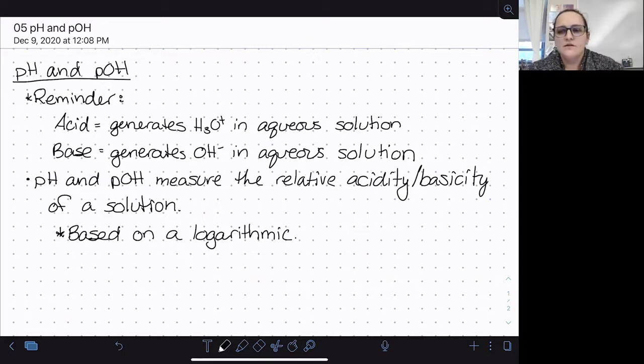So that means that if your pH changes by 1 pH unit, that means that your hydronium concentration has changed by a factor of 10. So what seems like a relatively small change in pH can actually be a pretty substantial change in your hydronium concentration.